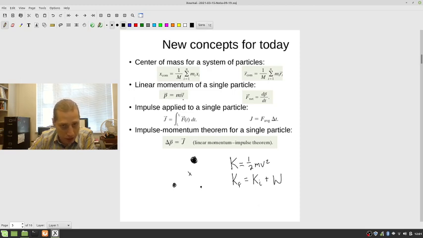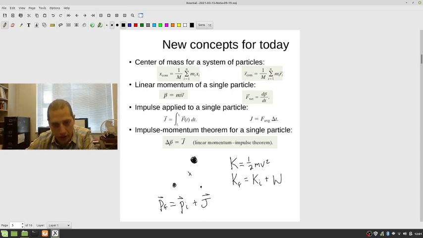It has a direction. What we're going to do is have our final momentum equals my initial momentum plus the impulse. Okay, so you can see that it looks a lot like this, where we had final kinetic energy equals initial kinetic energy plus the work.